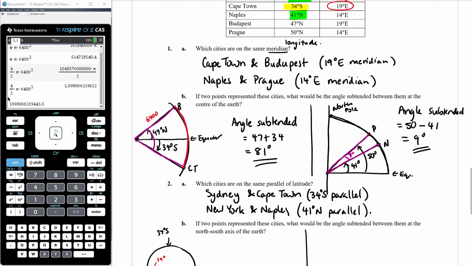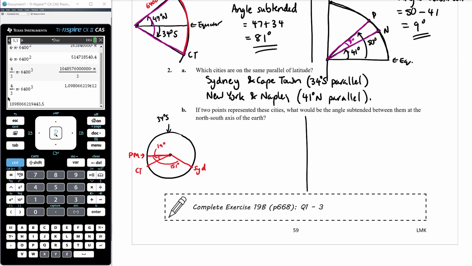Just check I got that number right, yep. Okay, so that means that the angle between them, if we go from Cape Town into the centre, back out to Sydney, is going to be the difference between those two. So the angle subtended at the centre is going to be 151 degrees, take away 19 degrees.